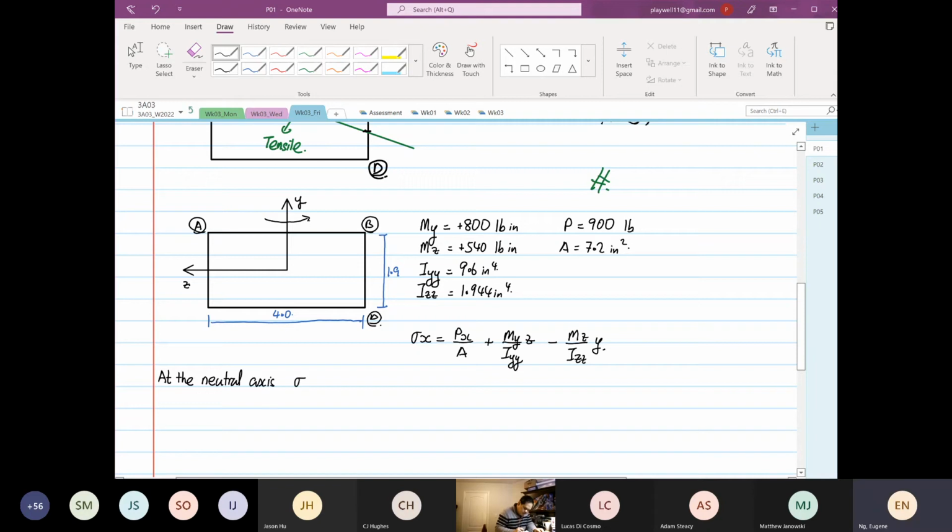we are aware that sigma x is equal to 0. So the above expression becomes 0 is equal to Px over A plus My over Iyy multiplied by z minus Mz over Izz multiplied by y.